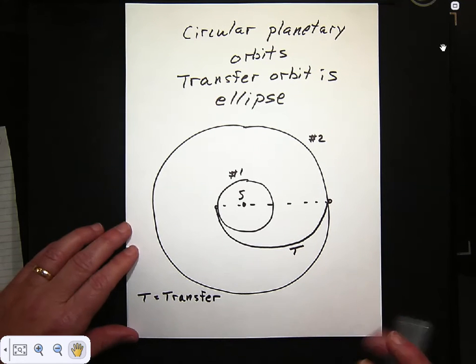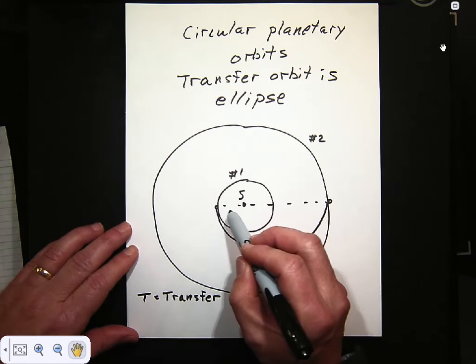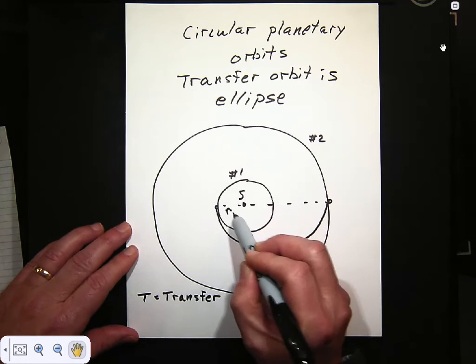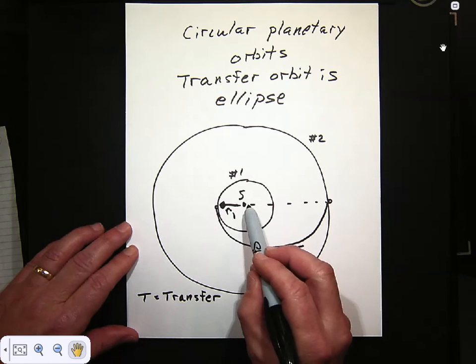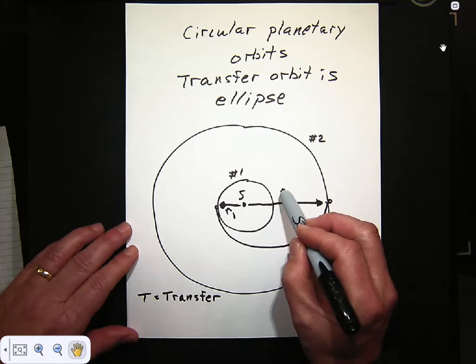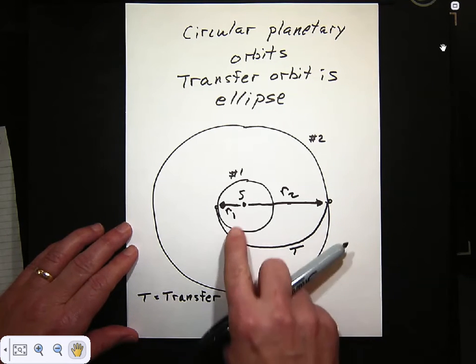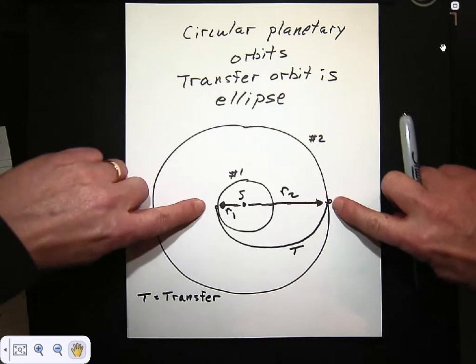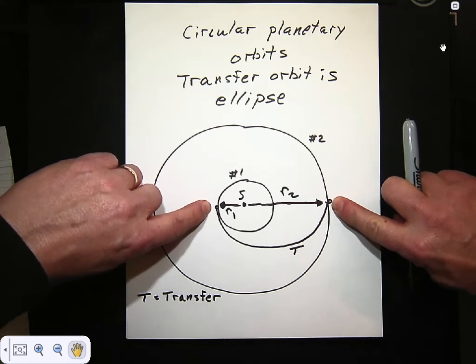Now the idea here is that the radius of the inner orbit is R1. That's this distance here. The outer orbit, also a circle, has a radius R2. But the sum of these two distances is in fact the major axis of the transfer orbit, major axis of an ellipse.